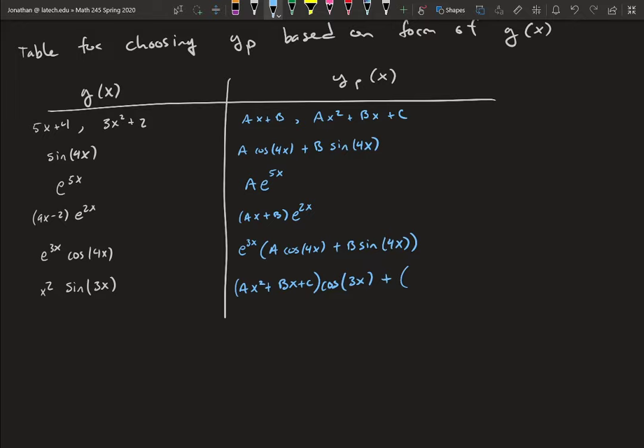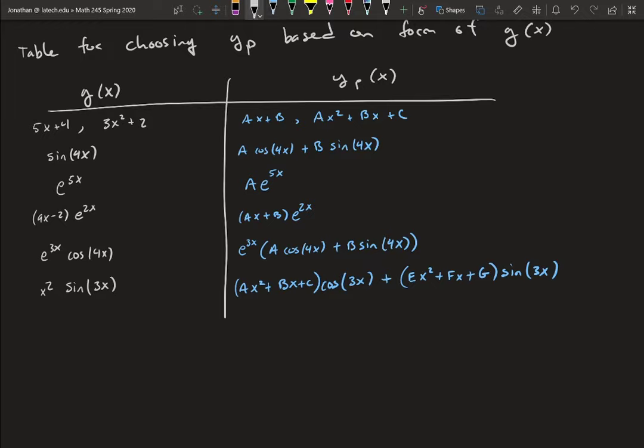I don't want to use d, so I'll go to e x squared plus fx plus g, times sine 3x. So we have a quadratic times each trig function with different coefficients.